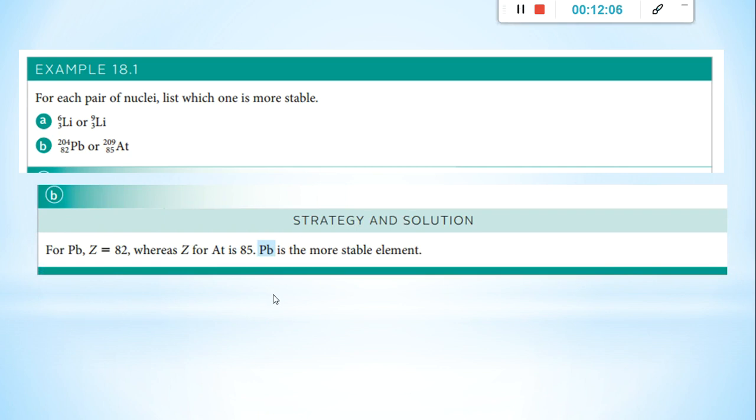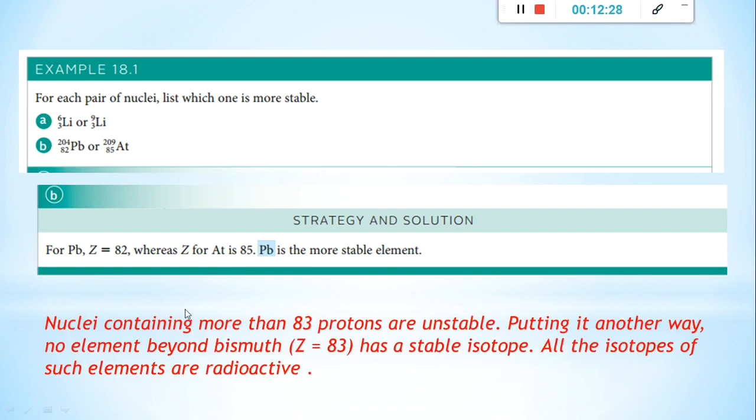Okay, let's try to answer letter B. As indicated in the solution, lead has atomic number 82, whereas astatine has 85. So we can conclude that lead is the more stable element. Why? Because we mentioned earlier, as one of the empirical rules, nuclei containing more than 83 protons are unstable.